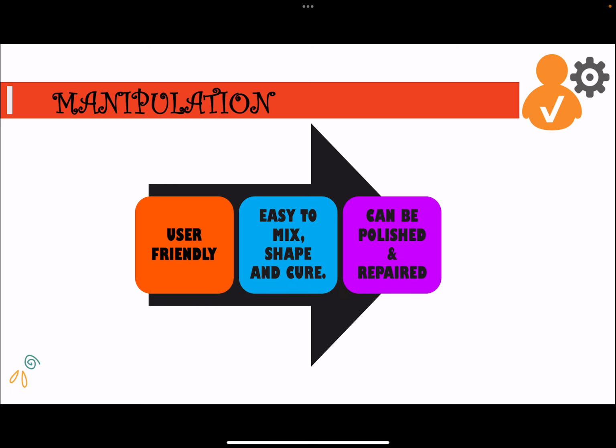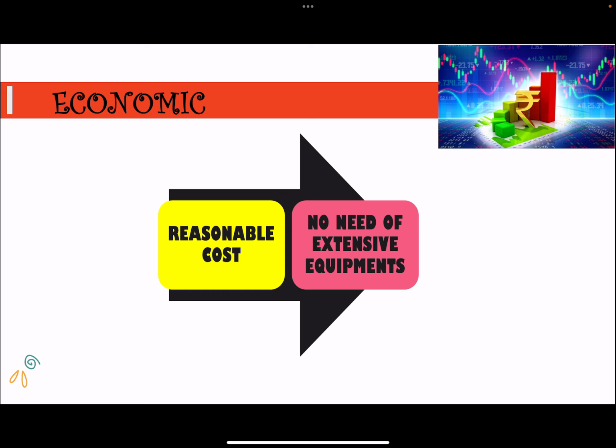Manipulation: it should be user friendly, it should be easy to mix, shape, cure, and it should also be easy to polish and repair. Economic requirements being: it should have a reasonable cost and no need for extensive equipment.